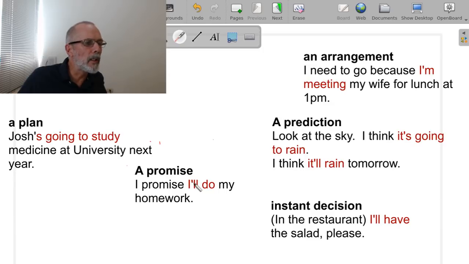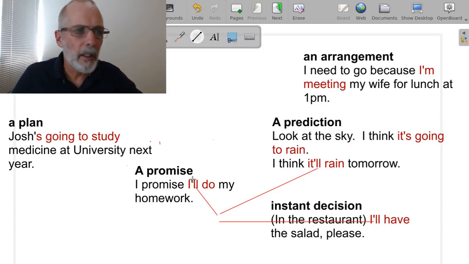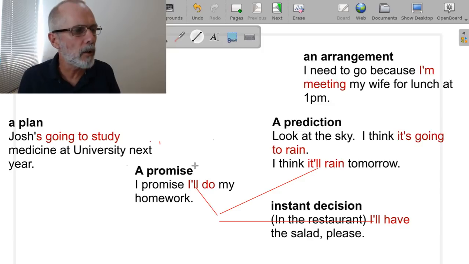So first of all, can anybody tell me what will is? What word is will, and what tense is this? Can anybody tell me the name of this tense? Future what? Future simple, future perfect, future continuous, future perfect continuous?